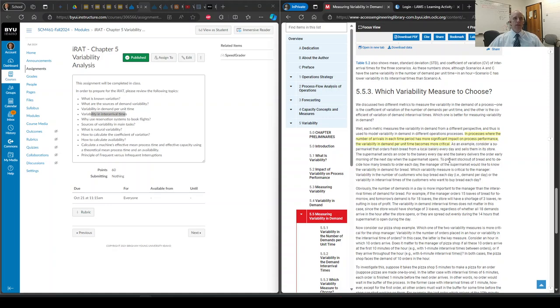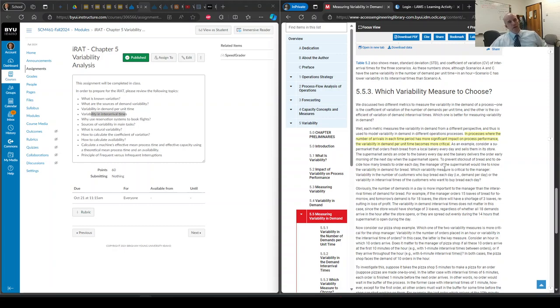And to prevent stock out and to decide how many breads to order each day, the manager would like to know the variability in demand for the bread. The question is, which variability measure is critical to the manager? The number of customers who buy bread each day, demand per day, or the variability in inter-arrival times, they want to buy the bread each day.